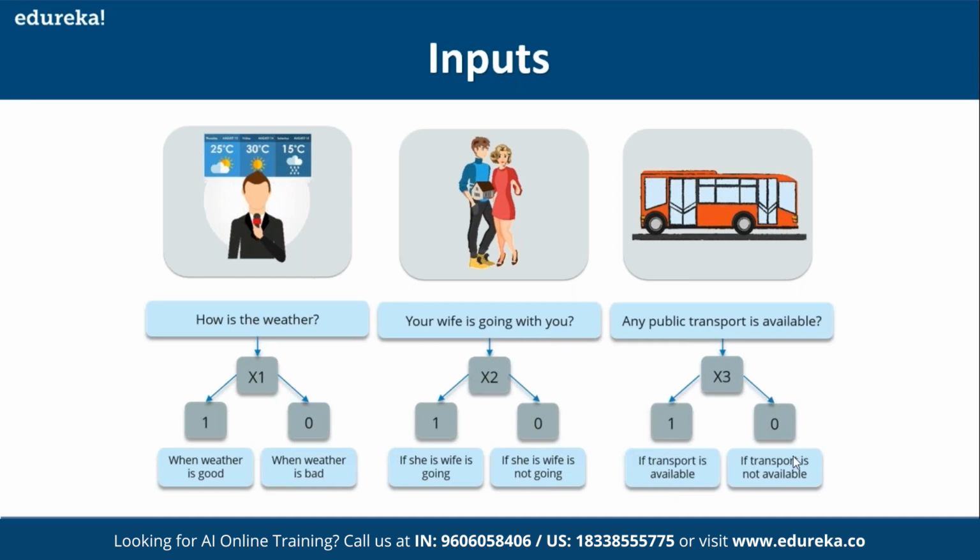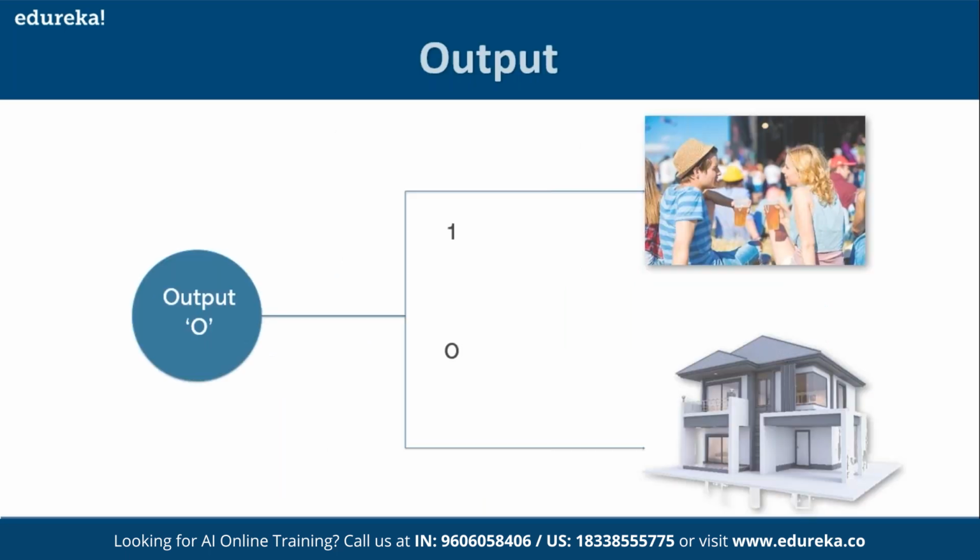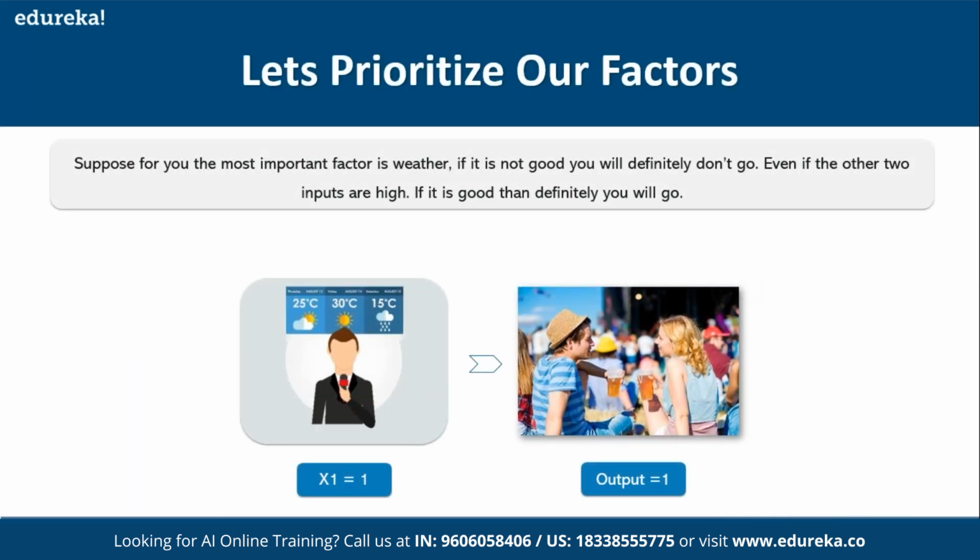If the public transport is not available, it is 0, which means you had 3 inputs. For every input, you have 2 options, and for all the options, you have a value assigned to it. Now, based on this, if the value adds up to 1, you are going to the beer festival. If the value adds up to 0, you sit back home and enjoy Netflix. So this is your output. But how does that output get created?